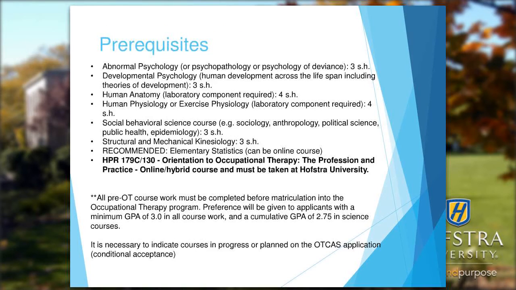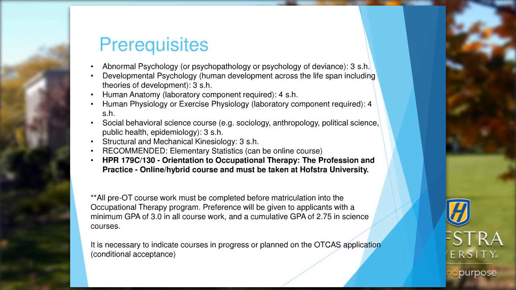This is a listing of the prerequisite courses: abnormal psychology, developmental psychology, human anatomy, which in many cases may be A&P, anatomy and physiology together, 1 and 2, a social behavioral science course, and structural and mechanical kinesiology. This is a course that is often asked about.